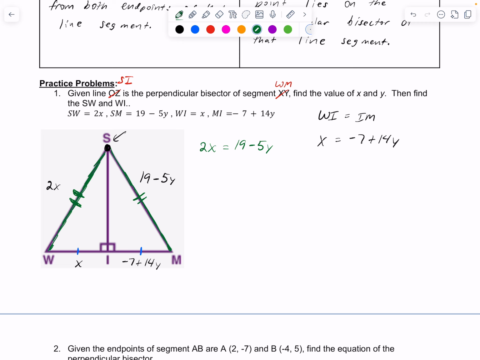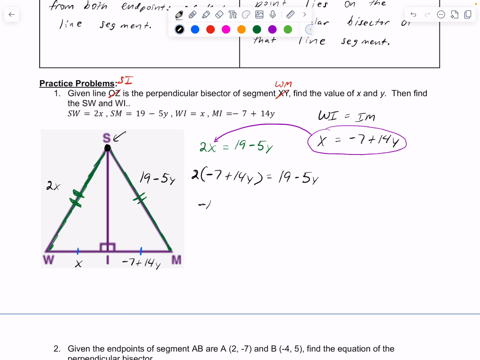It doesn't say which one you have to use, so ultimately, you can do whatever you would like, all right? What I noticed in the first one that I did was I had x equals, so I'm going to take that and substitute it where it says x in my second equation. So I'm going to write 2 times (negative 7 plus 14y) is equal to 19 minus 5y.